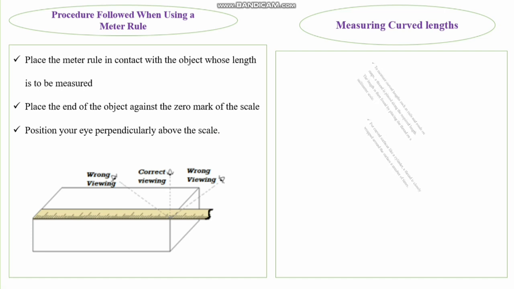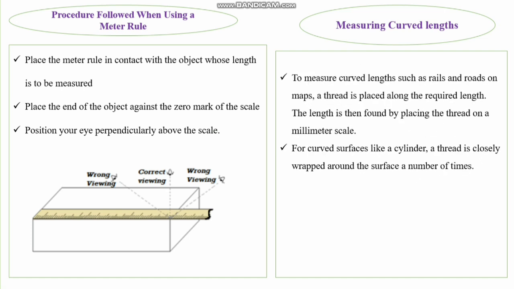So to measure curved lengths such as rays and rods on maps, another example is a cylinder. A thread is placed along the required length. The length is then found by placing the thread on a millimeter scale. So you wrap the thread around the cylinder from one point.